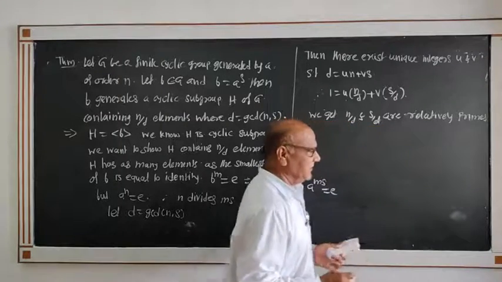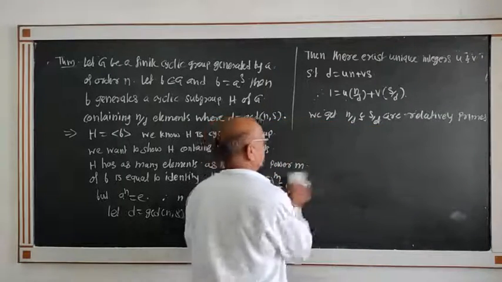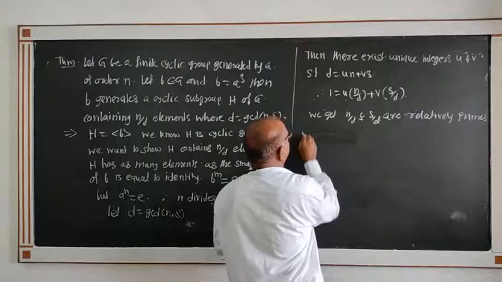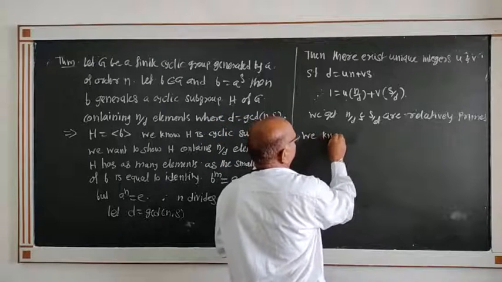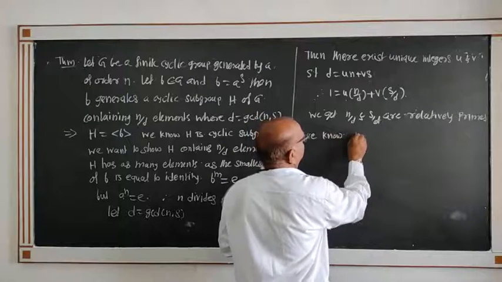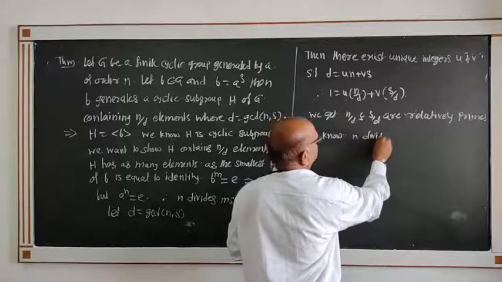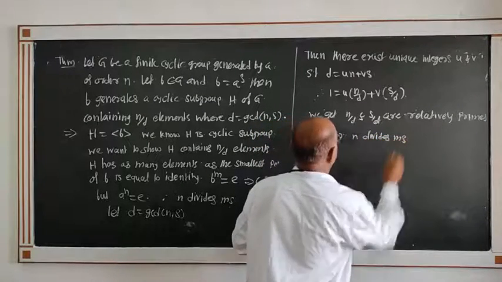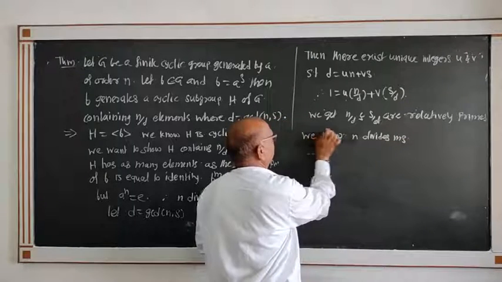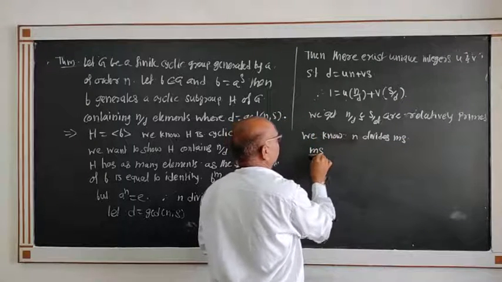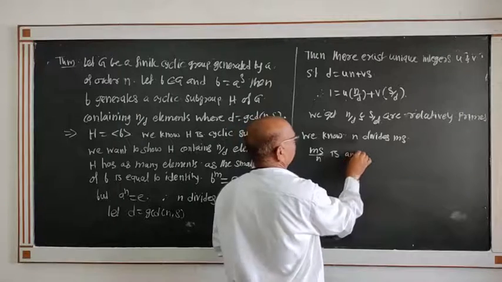Now here we know n divides ms, so ms by n is an integer.